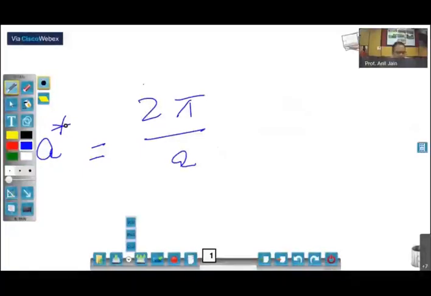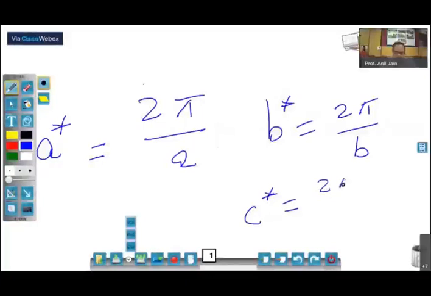Similarly, you can write the expression for B star, which becomes 2 pi by B, and C star, which becomes 2 pi by C.